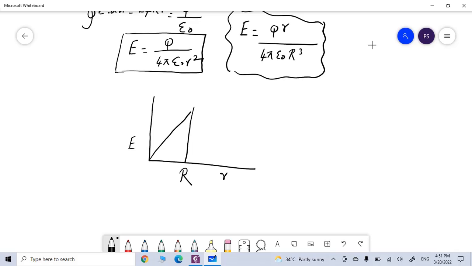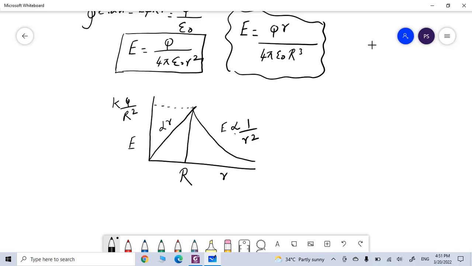Now inside the sphere, this electric field increases proportional with r. Then for all those points outside the sphere, E is proportional to 1 by r square. So this is the maximum it can get, and that's nothing but kq by r square, where k is 1 by 4 pi epsilon 0.